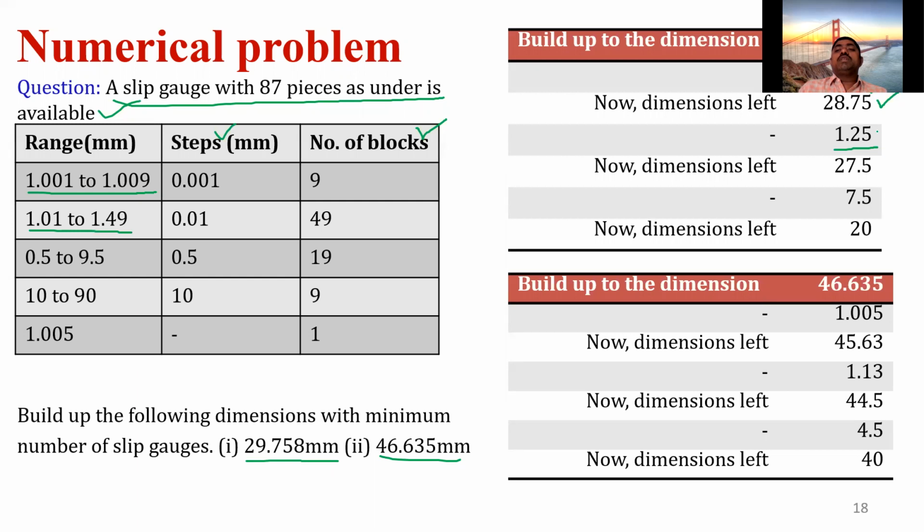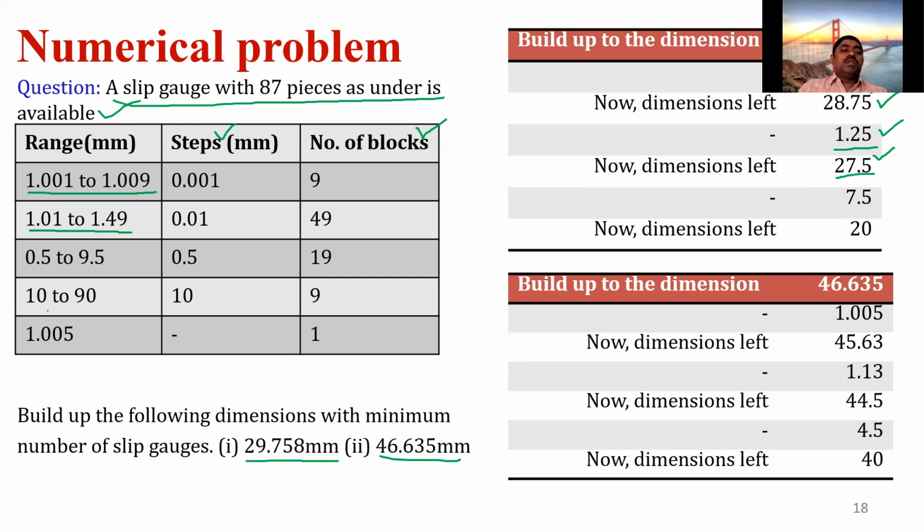So you have to select the slip gauge such that the dimension after the point can be left with 5. For that we select the 1.25 slip gauge. So the dimension left is 27.5.